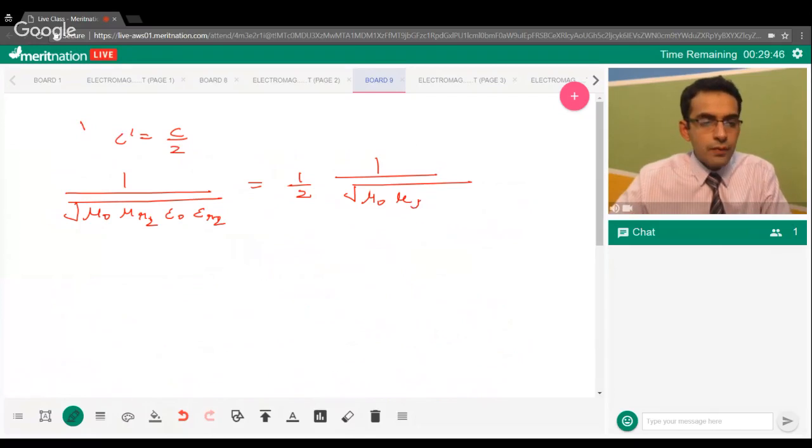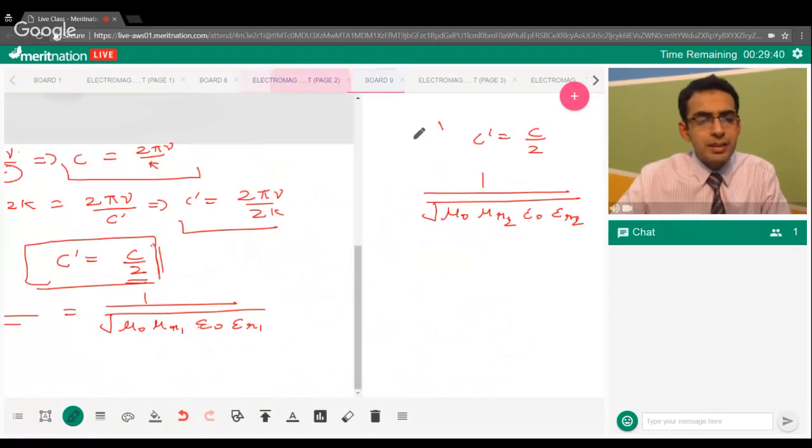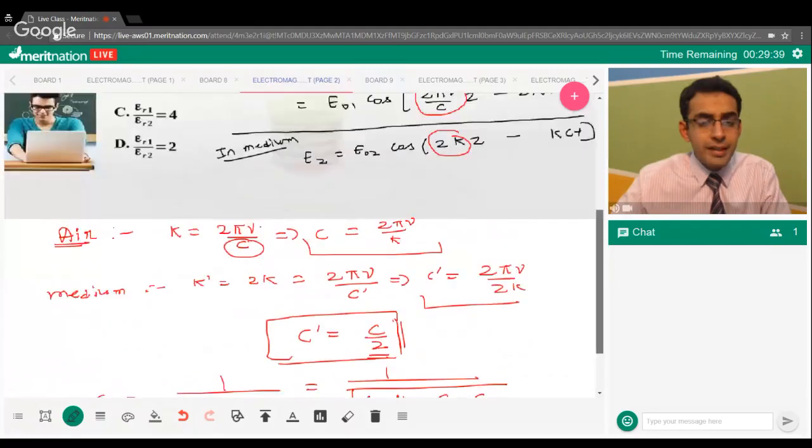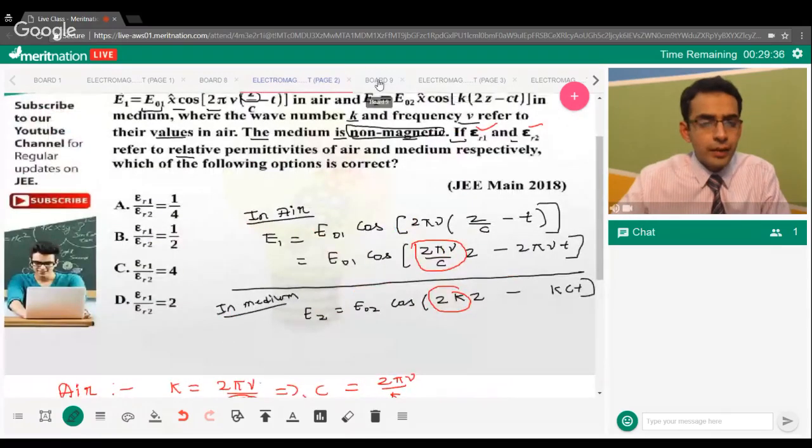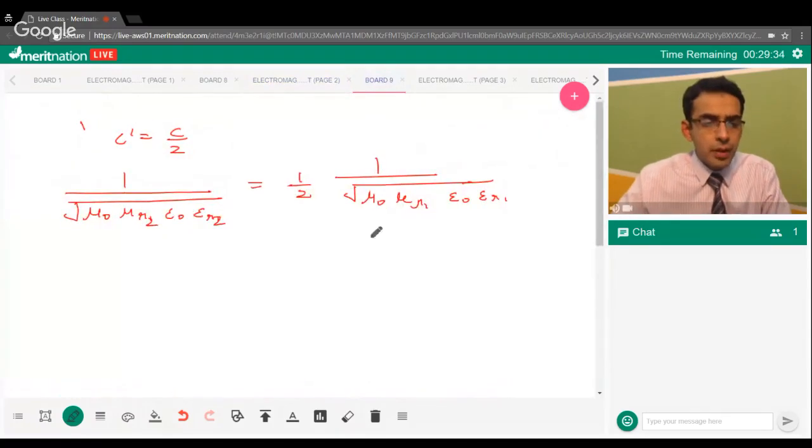So mu r1 and epsilon naught, epsilon r1. And it's given in the question that the medium is non-magnetic, so mu r1 and mu r2 are the same.